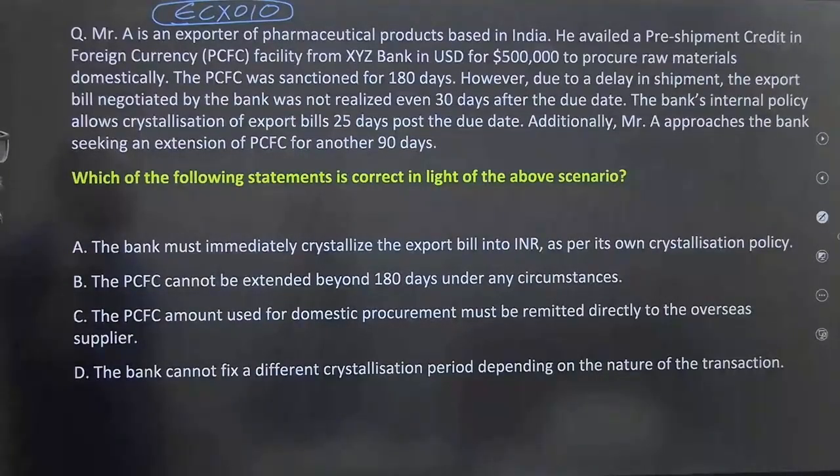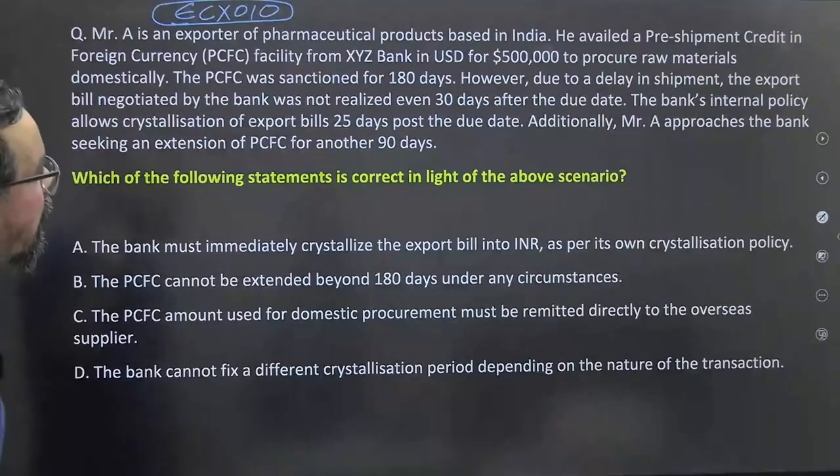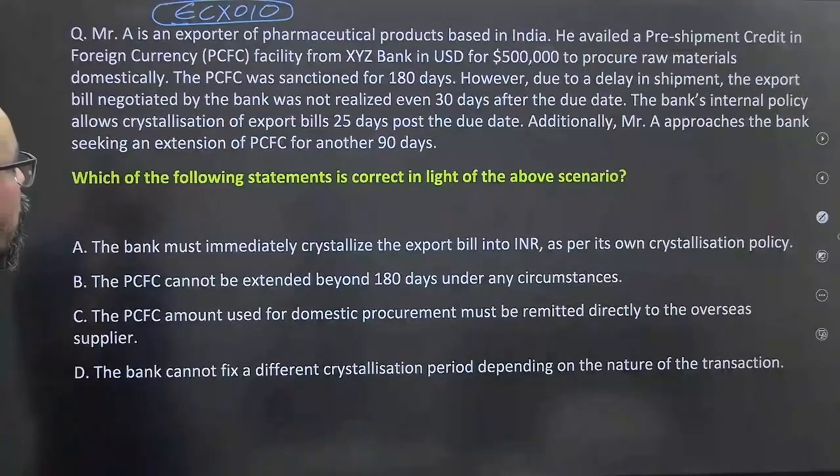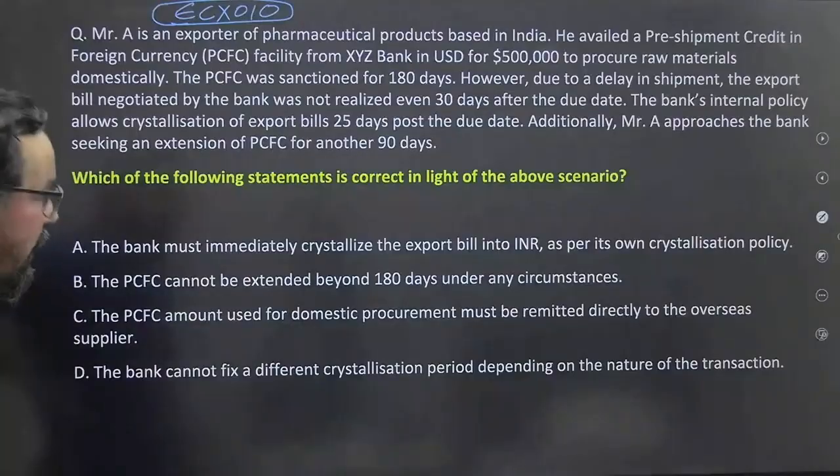Mr. A, an exporter of pharmaceutical product based in India, availed a pre-shipment credit foreign currency facility from XYZ Bank, 5 lakh US dollar, to procure raw material domestically. PCFC means pre-shipment credit in foreign currency, sanctioned for 180 days.